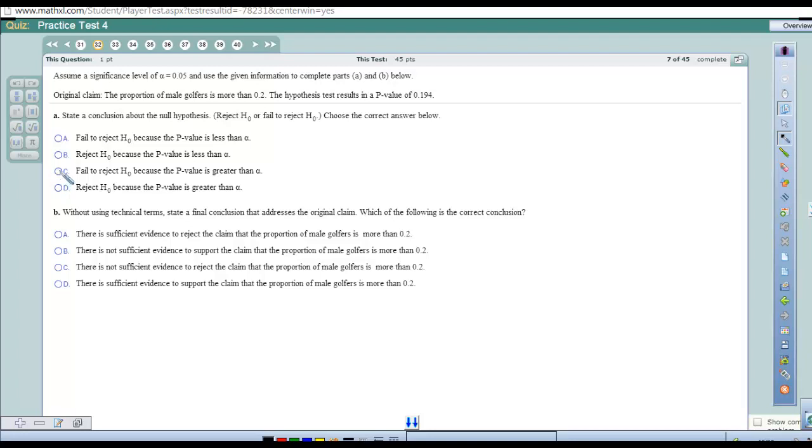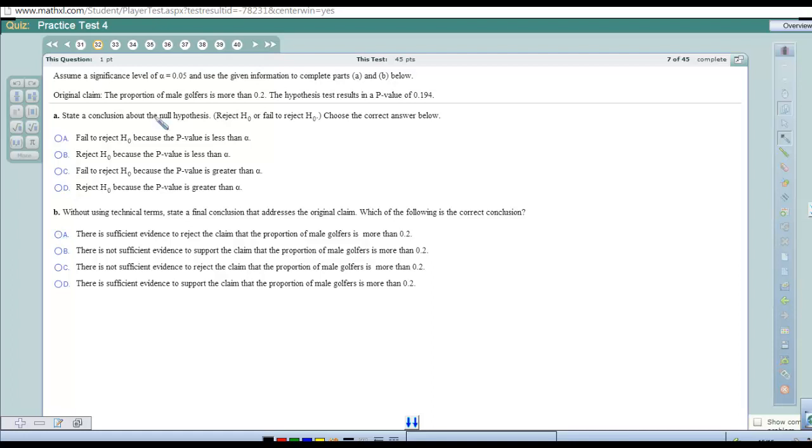All right? Without using technical terms, state a final conclusion that addresses the original claim. So we would say that there is sufficient evidence to reject the claim. Which one was the claim? The claim was that the proportion is more than 0.2.